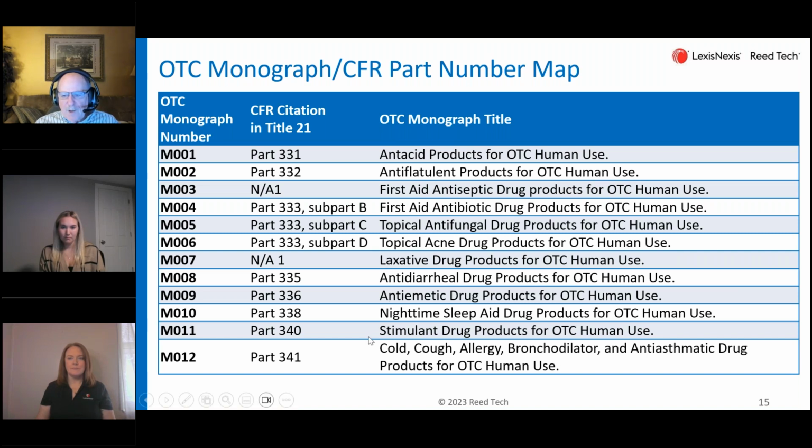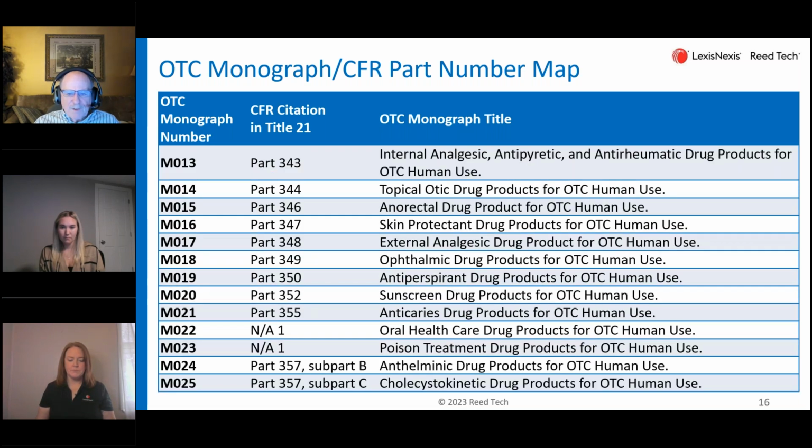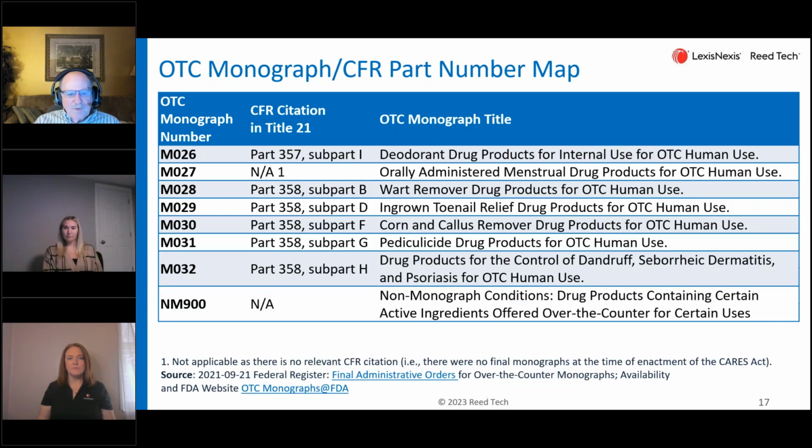There's obviously some products that you would consume orally. So there's a pretty long list of items that would be affected. It's pretty straightforward: if you're claiming a part number citation in the past, then you need to make these changes. If you have not been claiming a part number citation in the past, then it would not be applicable. Great, Gary. Thank you so much for clearing that up.